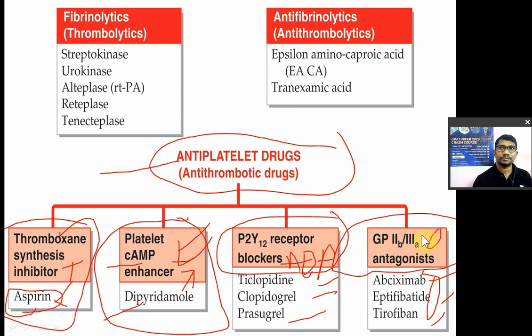Collagen is a protein which attracts your platelets to form a platelet plug. So the platelet attaches via the platelet receptor, and that receptor is nothing but the glycoprotein 2B3A receptor. So its antagonists are used as antiplatelet drugs: abciximab, eptifibatide and tirofiban.